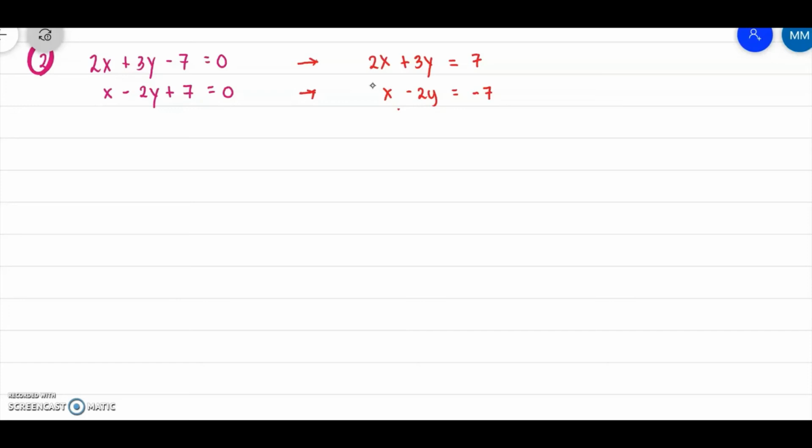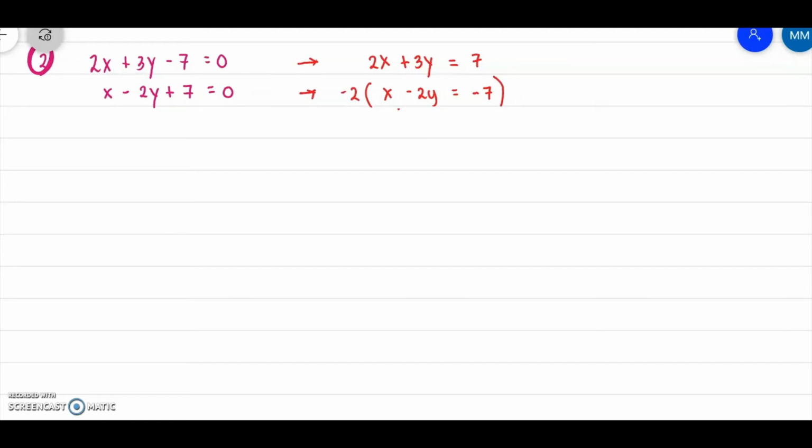We know that if we have negative 2x in our second equation, we can already eliminate the variable x. So our target is to have negative 2x in our second equation, and to do that, we need to multiply our second equation by negative 2. So multiply the entire equation by negative 2.